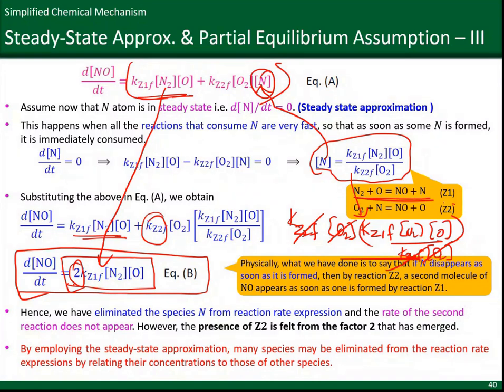So the reaction rate for Z2 is sort of being replaced by the reaction rate for Z1.